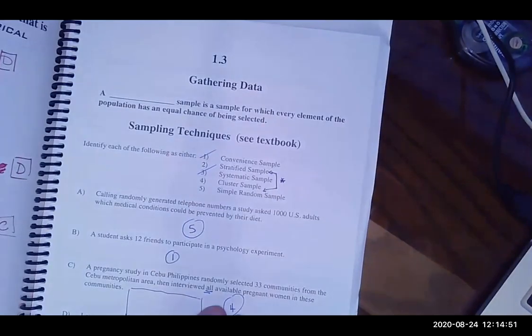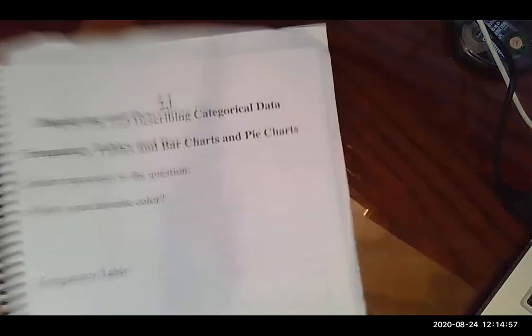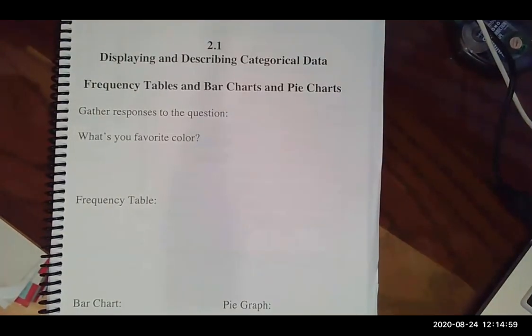So today, 2.1 and 2.2, whatever those things are about. Graphs, there's a lot of graphs, different kinds of graphs that we'll look at. For the most part, I'm going to ask you to interpret some common ones, like a pie graph, bar graphs.